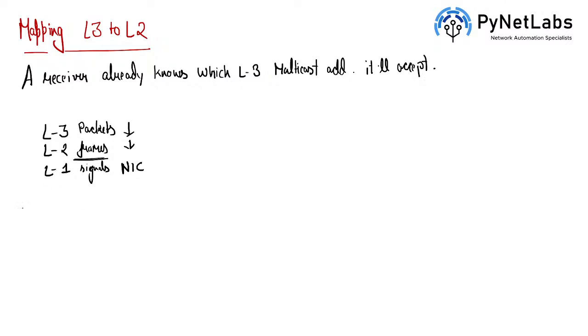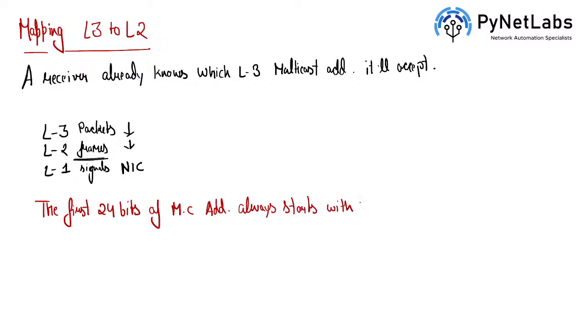The first 24 bits of the multicast address always start with 01:00:5E.